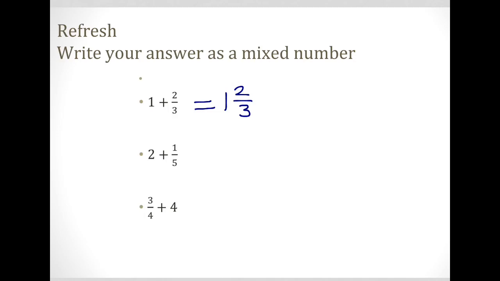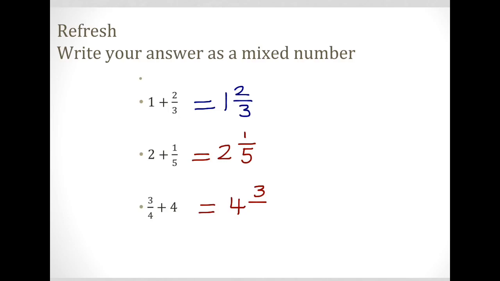Okay, press pause now, off you go, complete the next two, and when you finish, press play and we can look at if you've got those correct. So well done, you should have completed those other two now, and 2 plus 1/5 is 2 1/5, and 3/4 add 4 is 4 3/4.